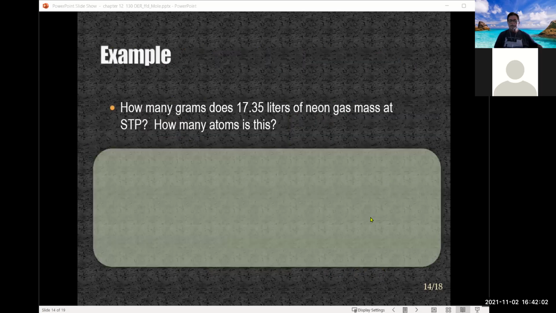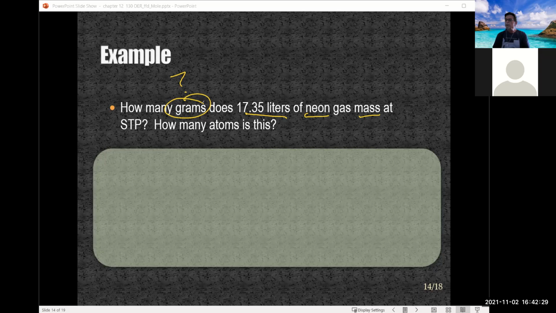All right, so let's do an example of one. Here we have the question: how many grams does 17.35 liters of neon gas mass? Okay, so I have liters and I'm trying to get to grams.